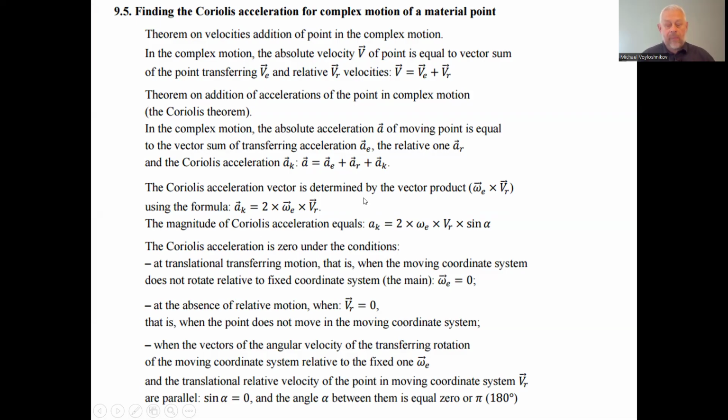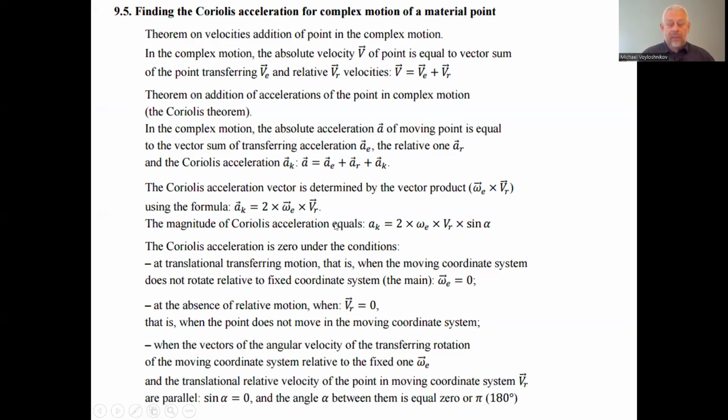We have the doubled vector product: the Coriolis acceleration is equal to the doubled vector product of the transfer angular velocity of the moving coordinate system within the fixed coordinate system, and the translational velocity of the point in the moving coordinate system.